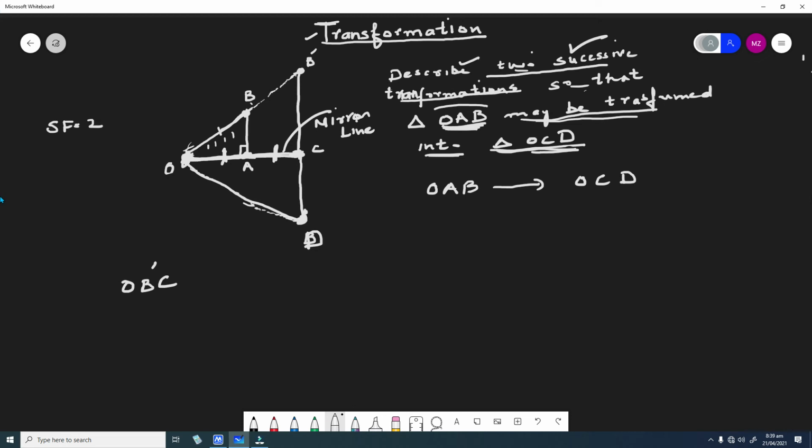So after reflection of this figure O B prime C, you will get the resultant or final figure O, C, and D.